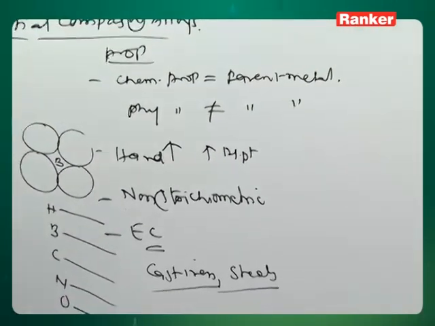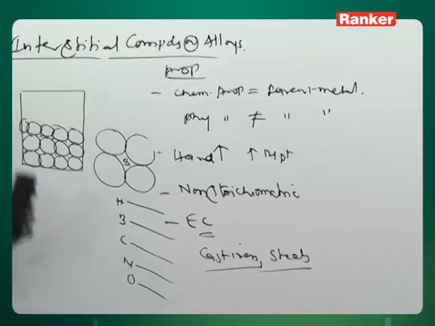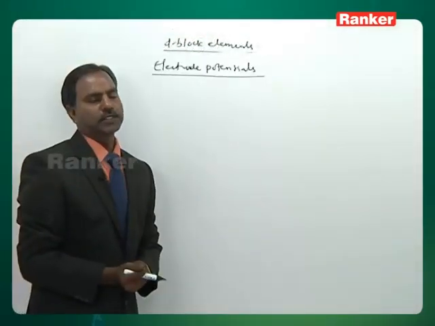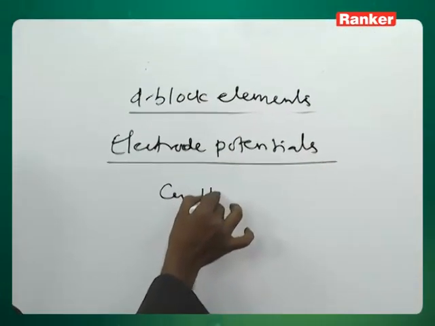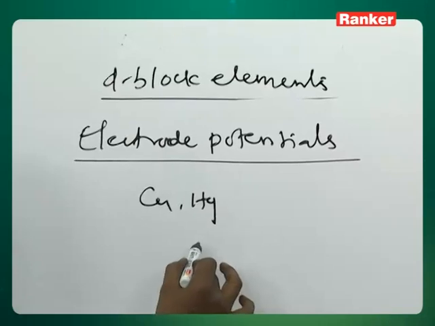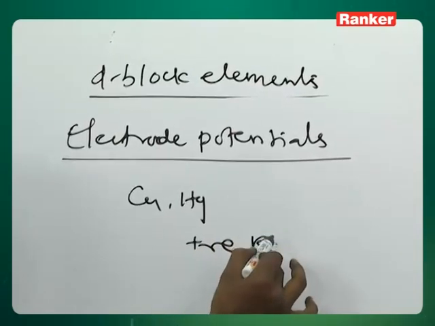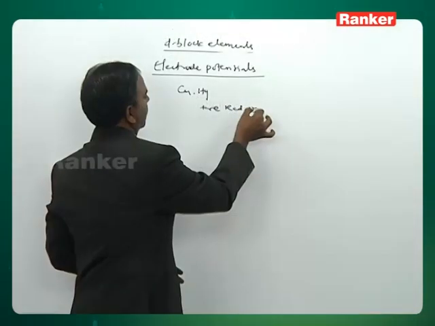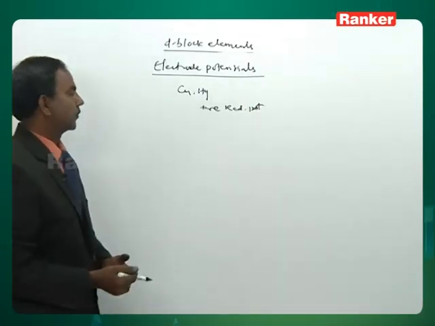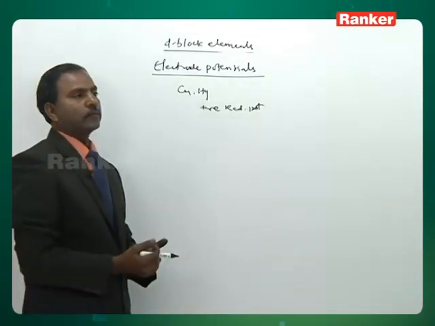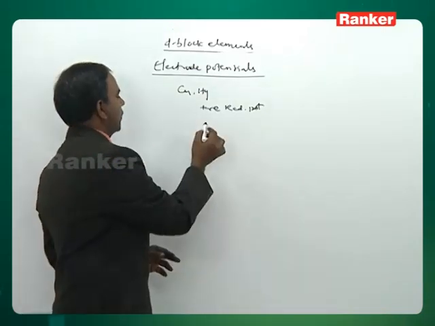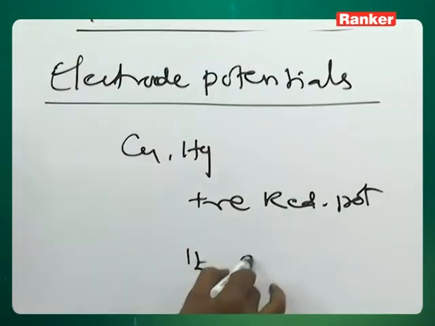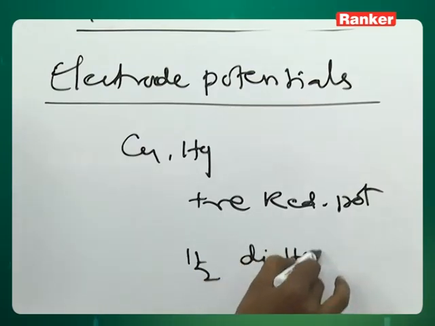Next we discuss the electrode potentials. Look here, copper and mercury have positive reduction potentials. Any element which has a greater, that is positive, reduction potential cannot easily liberate hydrogen from dilute acids.